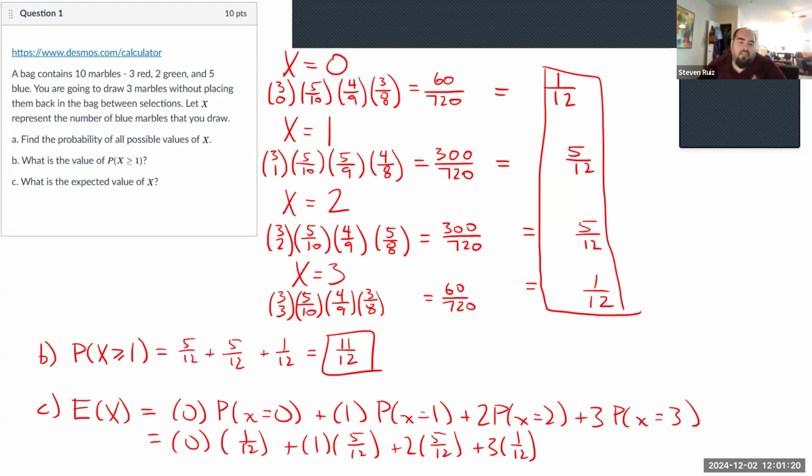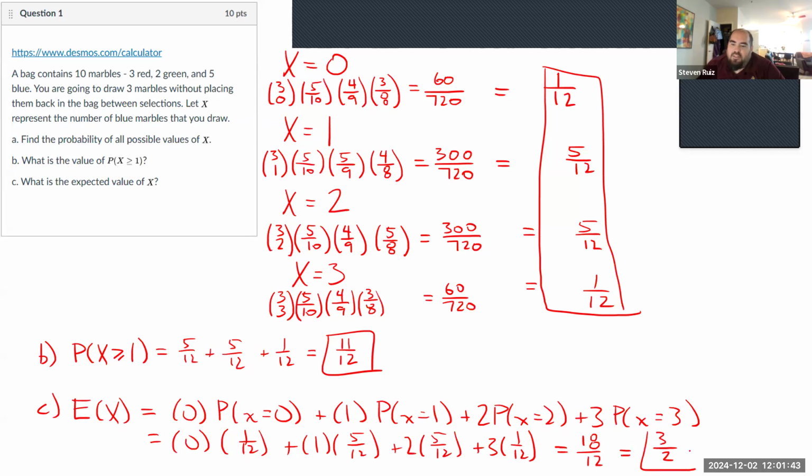So what happens there? The first one goes away. 5/12 plus 10/12 plus 3/12. So 5 plus 10 plus 3, that's 18/12, right? 18 over 12, that is 3 over 2.